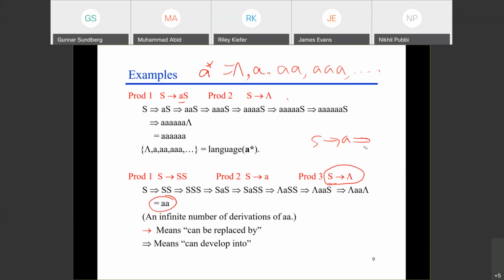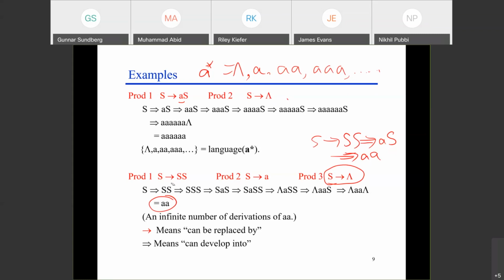Let's say I start with this second one, S, which is a non-terminal. You can replace this S and this second S with anything else. I replace the first S with A, and then I have AS, and then S can be A, and that's it. I can create AA here.